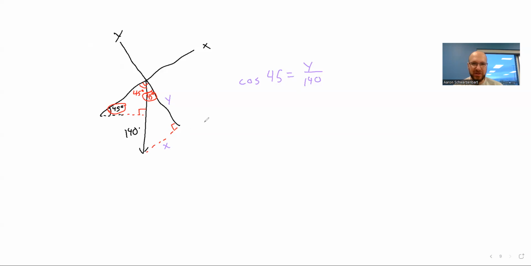So I multiply both sides by 140, and I get 140 cosine 45 equals Y. And again, we're going to do this in degrees because I gave you the angle in degrees. You better do it in degrees. Y is 98.99.